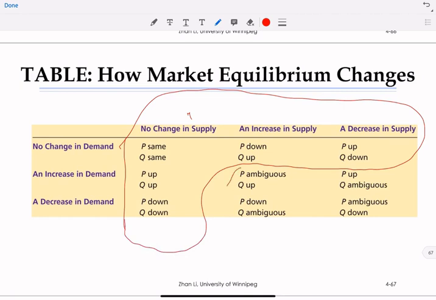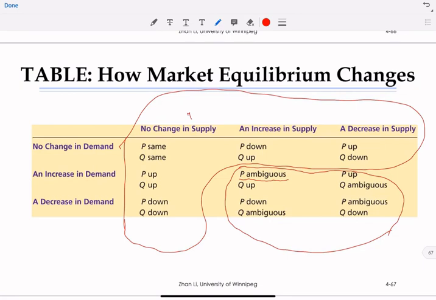However, these four cases are more complicated, because in these four cases both demand and supply change. And you can see that there is always one thing which is uncertain. For example, if there is an increase in demand and an increase in supply, the price is uncertain.